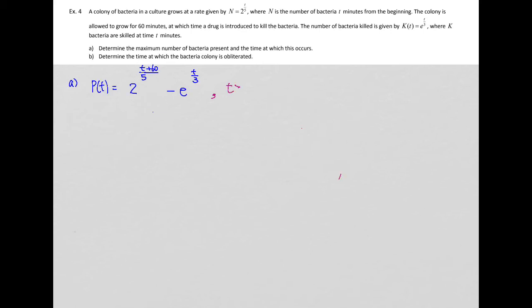Next, we have to figure out the domain. The variable that we use in the domain is t, so we have to find the restriction for time. So time here represents the amount of time in minutes after the drug is introduced. So we say t is greater than or equal to 0. After we figure out the equation, we should simplify it. So I will break the exponent apart.